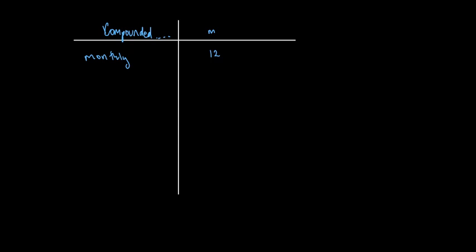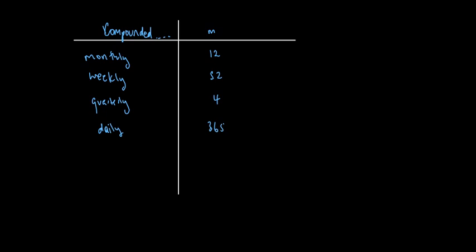If they say weekly, by 52. If they say quarterly, you're going to divide interest by 4. If they say daily, that will be dividing by 365.